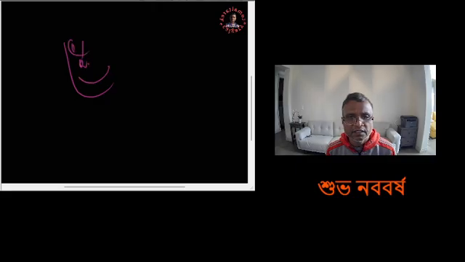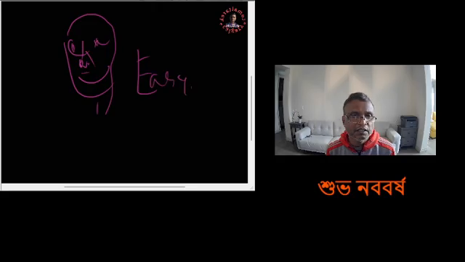To write and just explain things. Anything you can draw. Happy face. Okay, you can do so many things. It's easy, very easy. You can change color whenever you like, and you can do so many things.